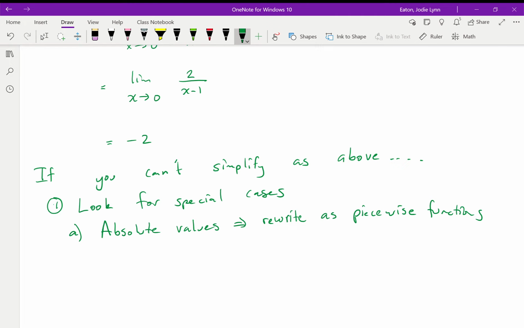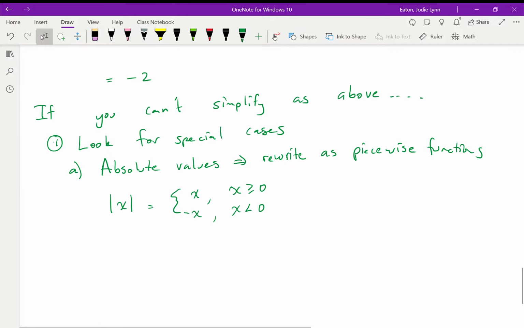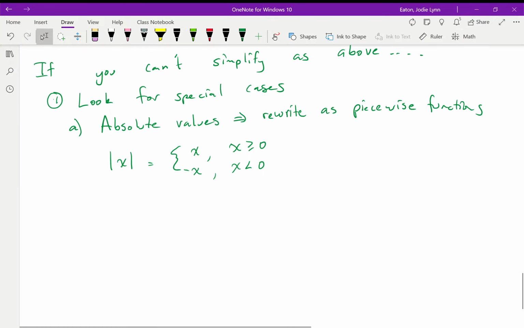So do remember that our absolute value function in piecewise form is equal to x when x, whatever is inside the absolute value, is greater than or equal to 0, and negative that stuff when you have x less than 0. Okay, so what kind of absolute value function could they possibly give us that's going to give us a 0 over 0?